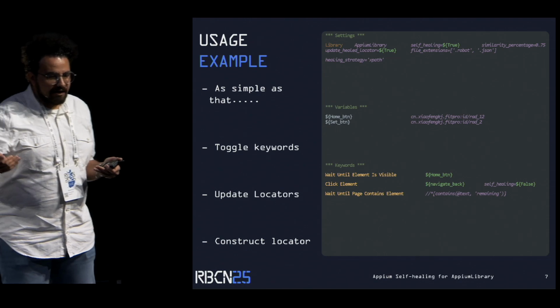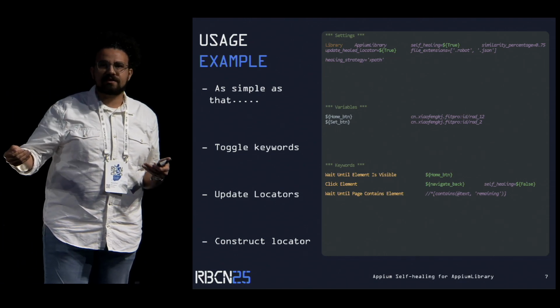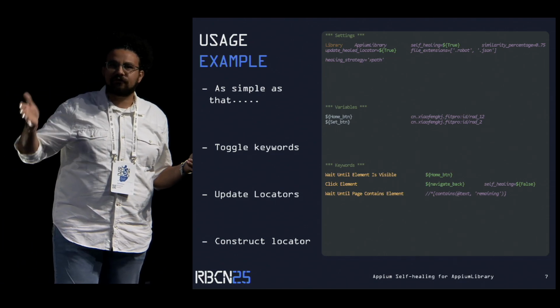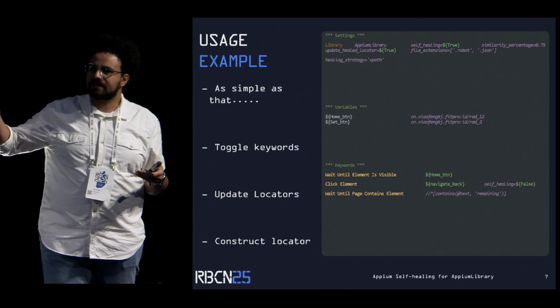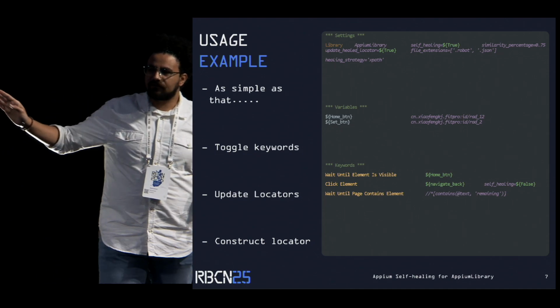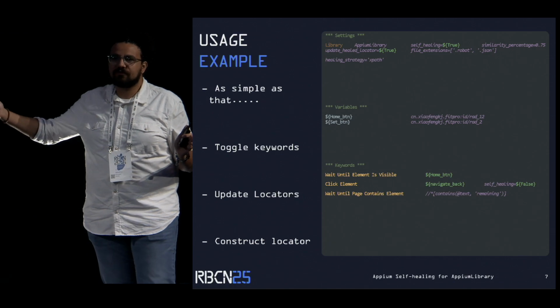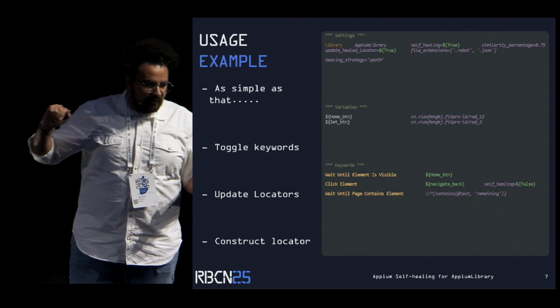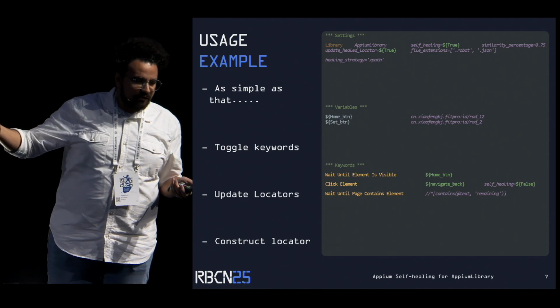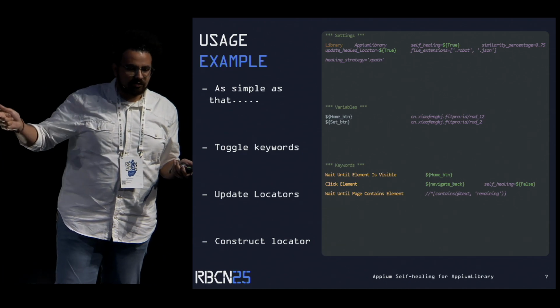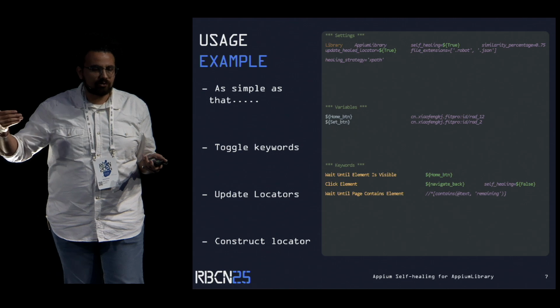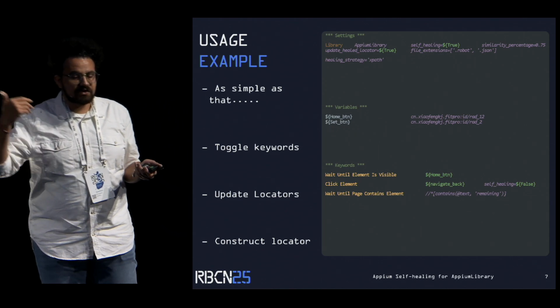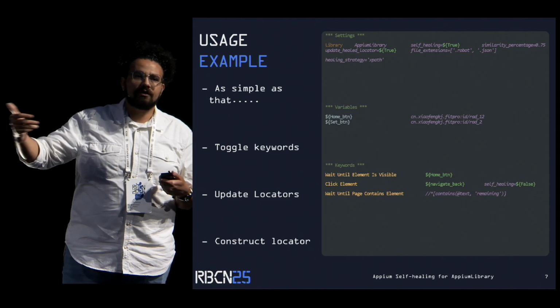As well, we have toggle keywords, because you might not need it for this element or for this keyword; you don't want to have self-healing there. So you can just switch it off. And you can use the update locators and construct locators according to the strategy that you prefer.